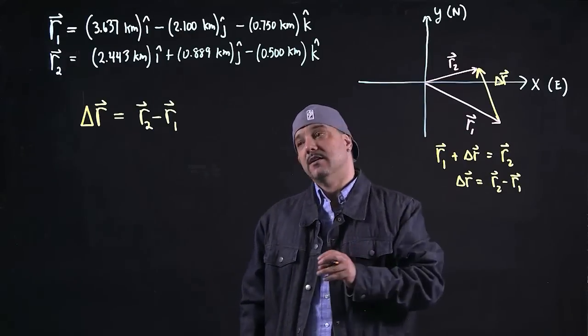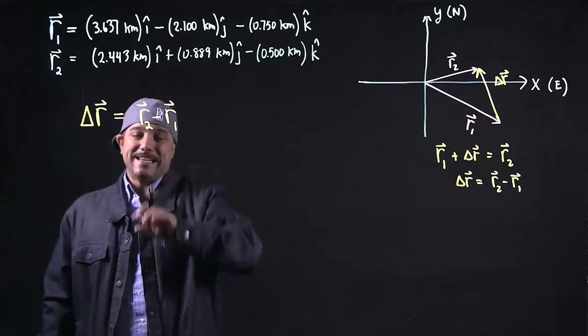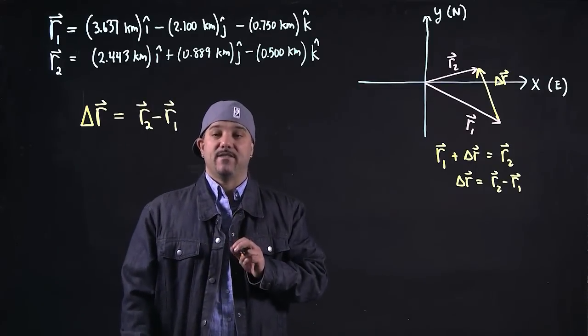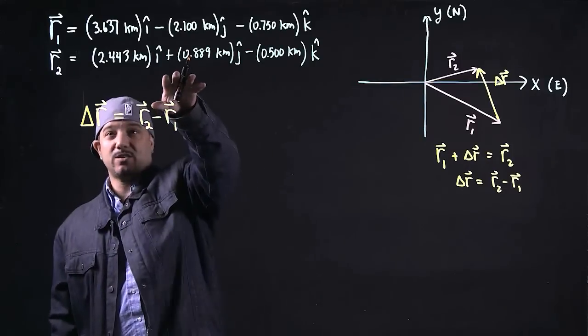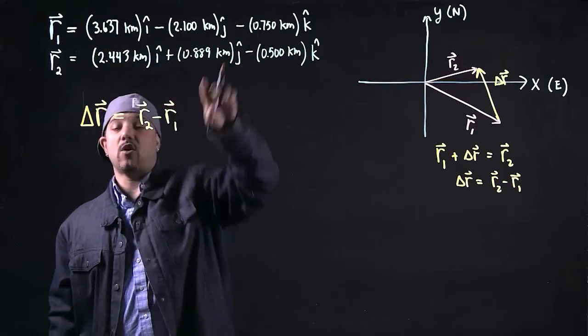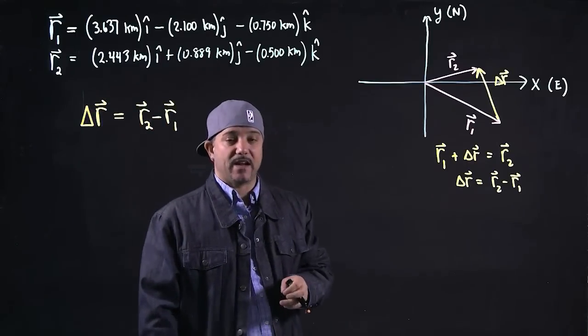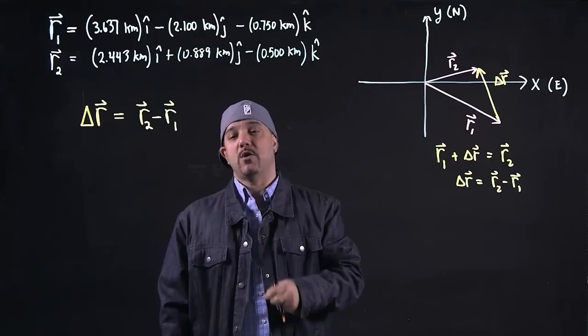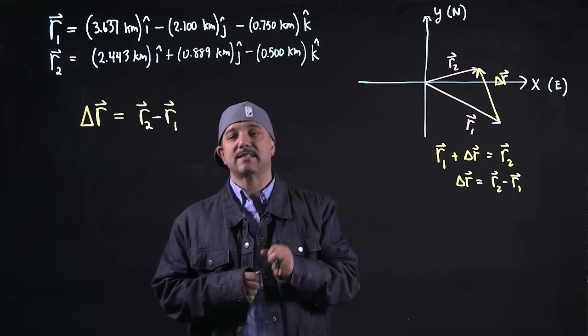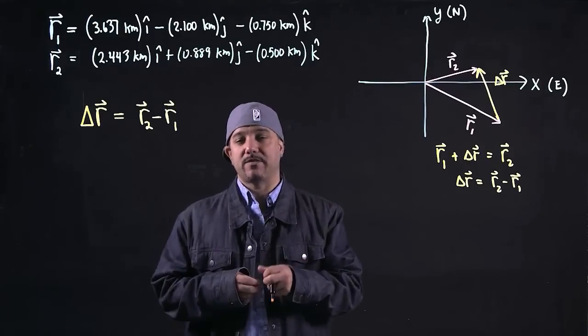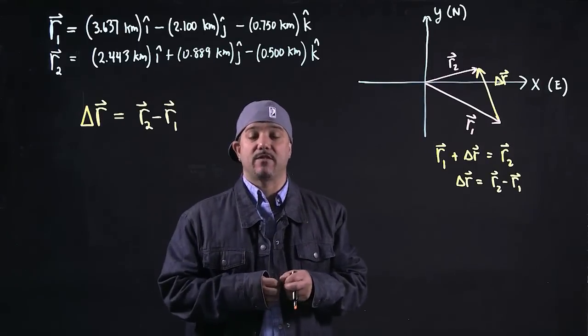It's easy to subtract the vectors once we have them with Cartesian unit vectors. We can just subtract R2 minus R1, and remember that you have to subtract component by component. You can only add or subtract i hats with other i hats. You can combine j hats with other j hats and k hats with other k hats.